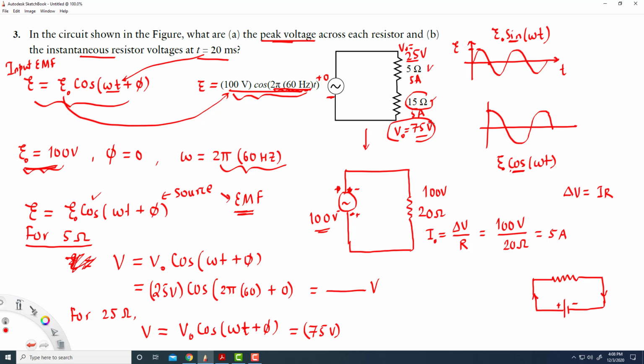That's the peak voltage across this resistor, and omega is again the same, 2 pi 60. Okay, so the frequency doesn't change when you have the resistors. Whatever angular frequency you have here, the same angular frequency will also be on each of the resistors. Okay, so we have the same angular frequency.